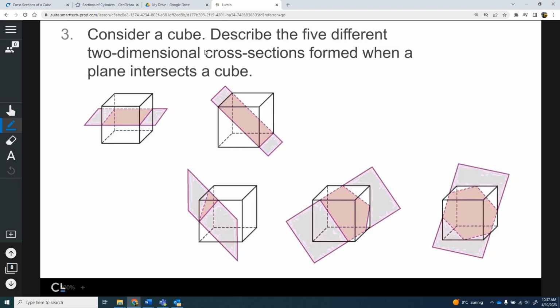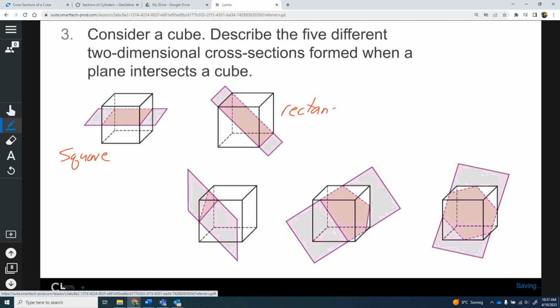Okay, consider the cube. Describe the 5 different two-dimensional cross sections formed when the plane intersects a cube. So this one would be what shape? Square. What's this one? Rectangle. What's this one going to be? That's going to be a triangle.